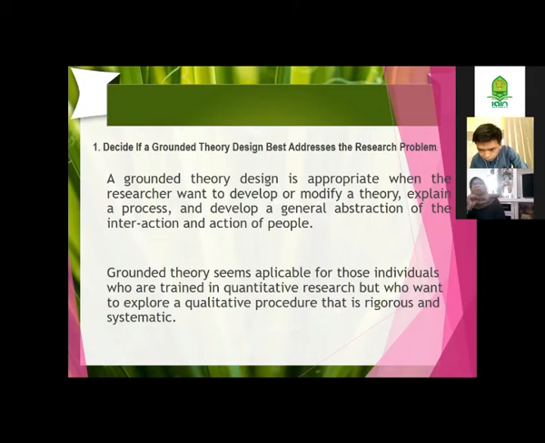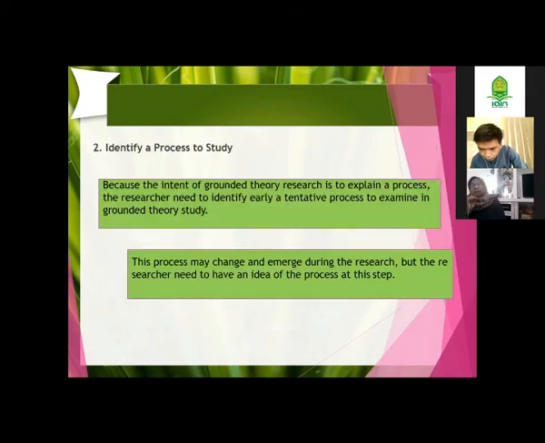The second step is to identify a process to study. Because the intent of grounded theory research is to explain a process, the researcher needs to identify early a tentative process to examine in a grounded theory study. This process may change and emerge during the research, but the researcher needs to have an idea of the process at this step.